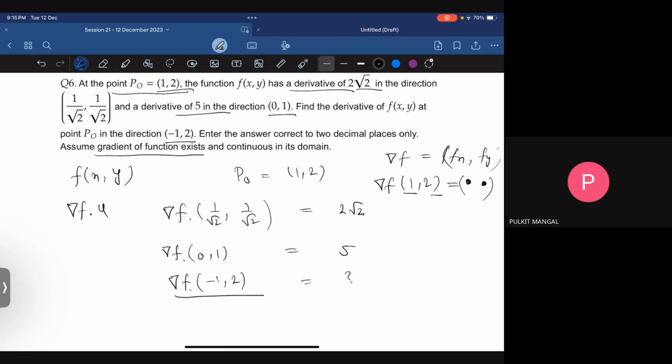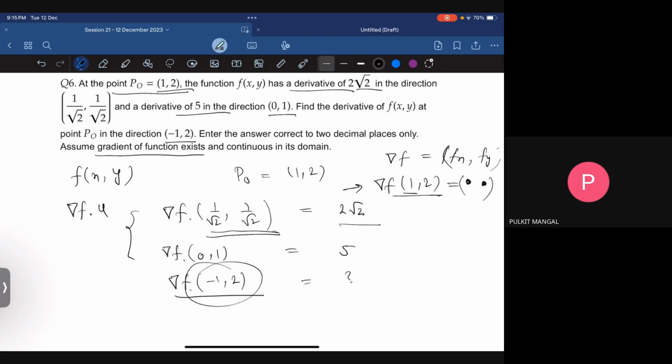And we basically need to find the gradient of function f at the point (1, 2), dot product with this unit vector. So first we need to find the value of the gradient of f at the point (1, 2). For that, I have been given two more pieces of information.